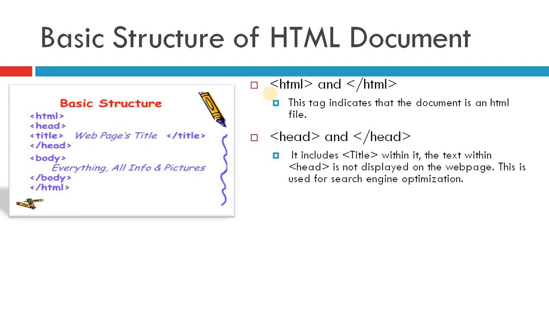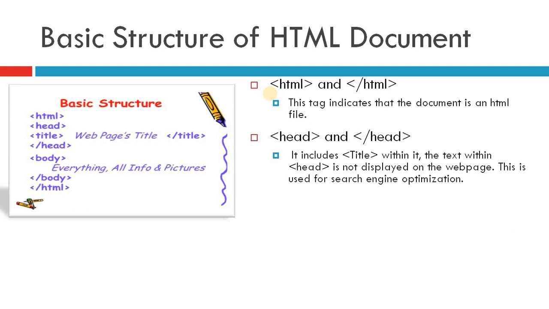Search engine optimization is going to help to increase the ranking so that the website will rank somewhere in the first page or second page of the search result. Okay, so this is search engine optimization where the website will get higher ranking.